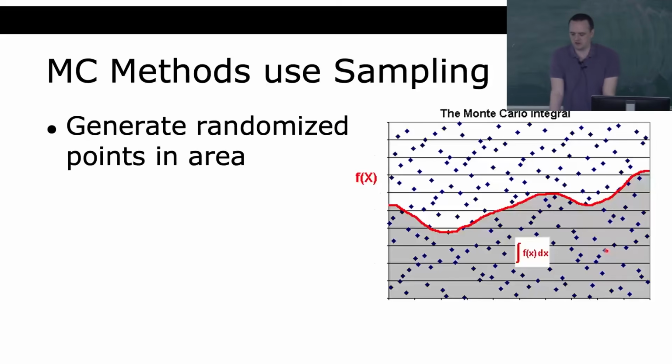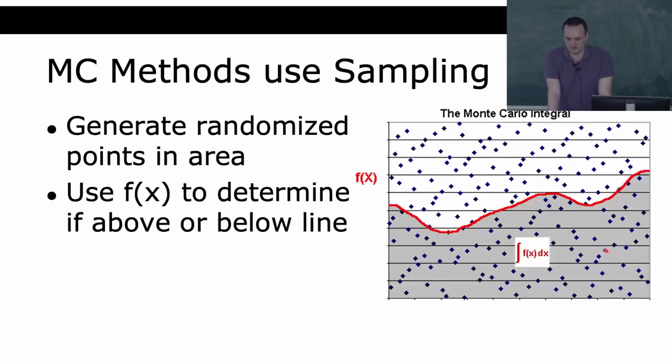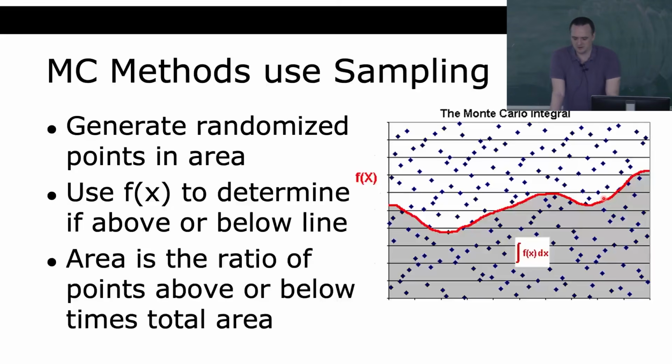And so you're going to generate randomized points in the area. Then, if I generate a point, you can use the function itself, because we know this function, to determine whether or not the generated point is above or below the line. And then the area under the curve is just going to be the ratio of the points that are below the curve to the total number times the actual area of this rectangle that you're sampling from.